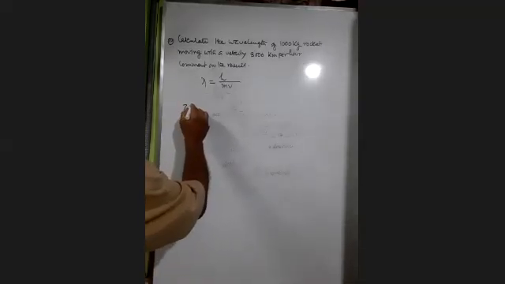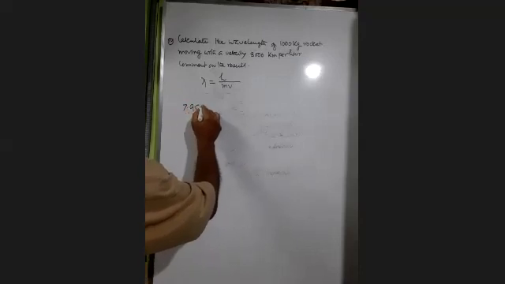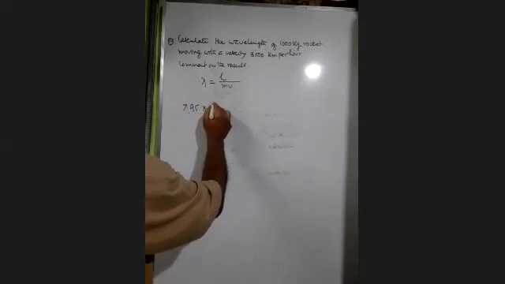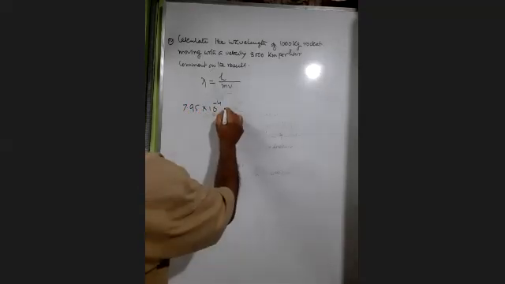Why are you taking so much time? So is it 7.95 into 10 to the power minus 40 meters? Yes, correct. I got the same. 7.95 into 10 to the power minus 40 meter.